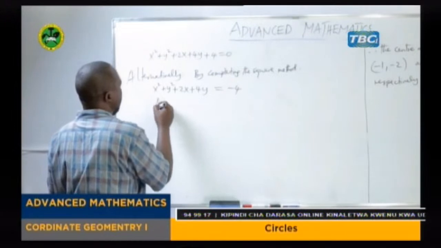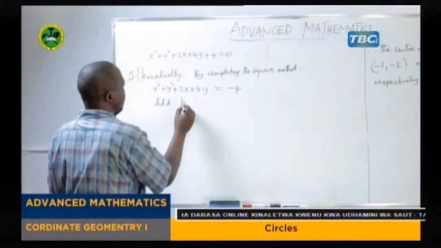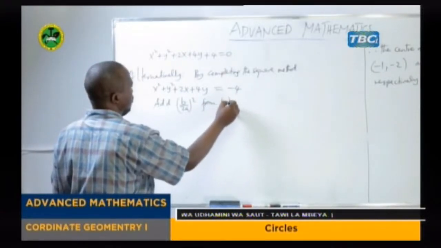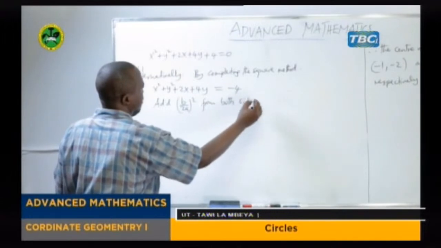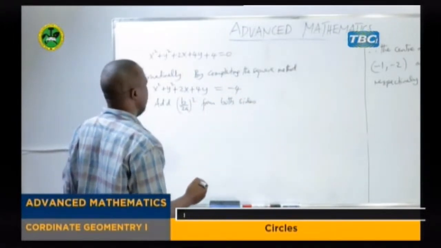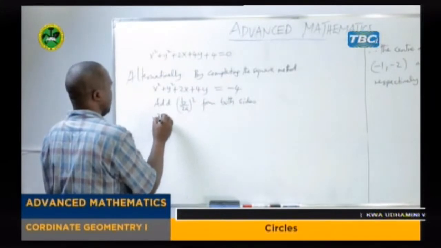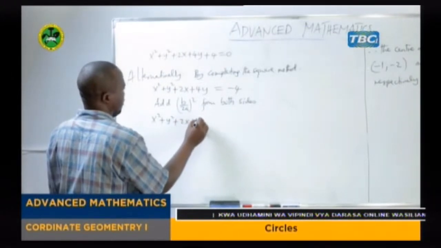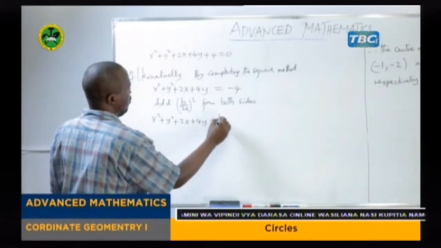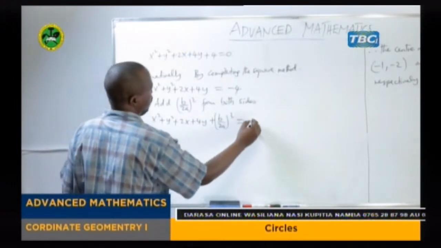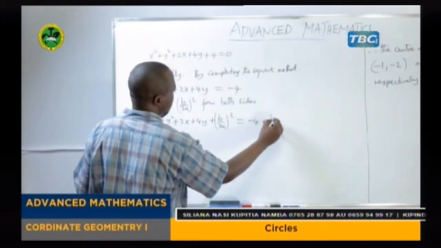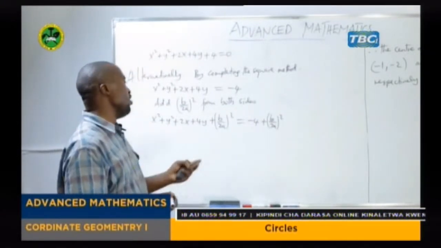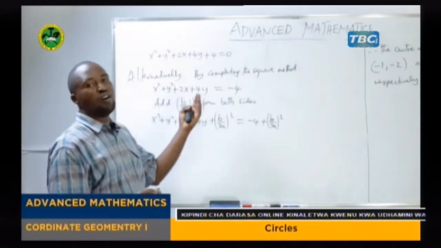So here we add (b over 2a) squared to both sides. So we are going to have x squared plus y squared plus 2x plus 4y plus (b over 2a) squared is equal to negative 4 plus (b over 2a) squared. We are going to do this for x and y.